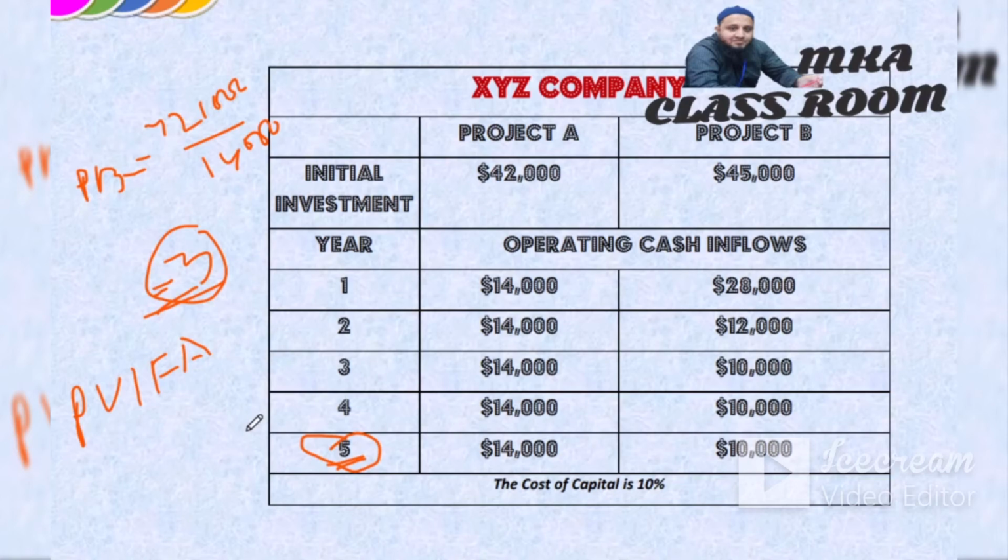Now NPV equals total present value minus initial investment: 53,071.2 minus 42,000. So our NPV is 11,071.